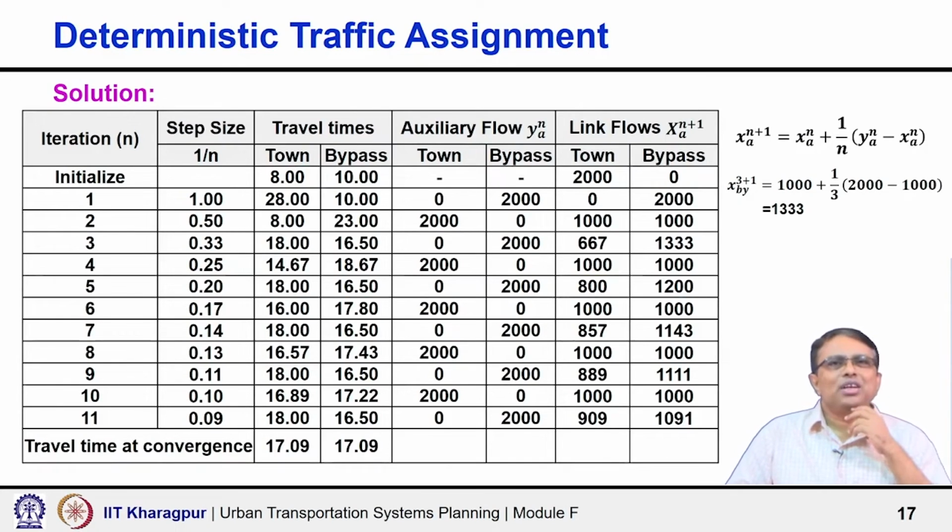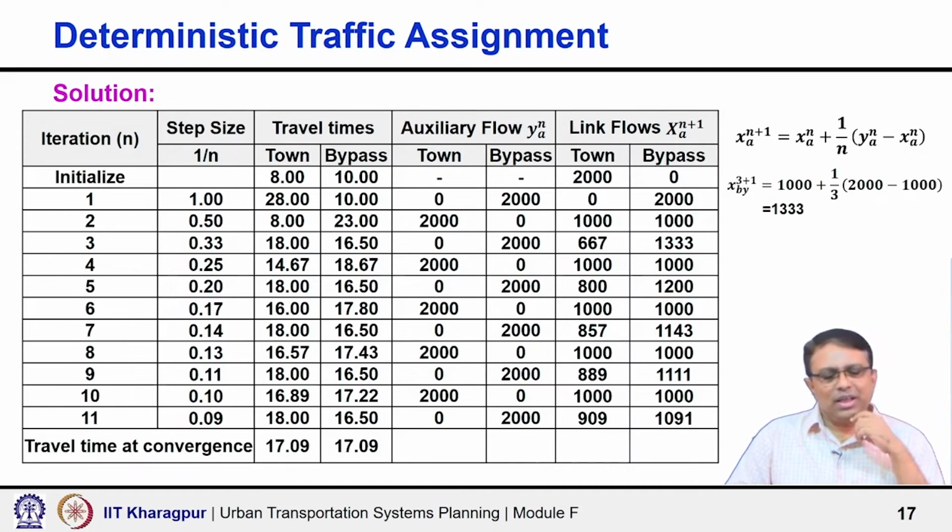Look at this first. We know that the free flow travel time is 8 and 10 on town and bypass. So, first, with no auxiliary flow, the link flows are directly 2000 and 0. With 2000 and 0 we calculate the travel times: the town route is now 28 and the bypass does not get loaded in the initial iteration, so it remains 10.